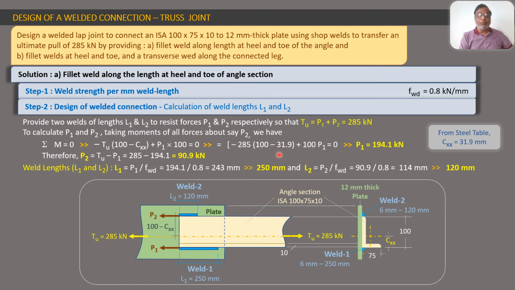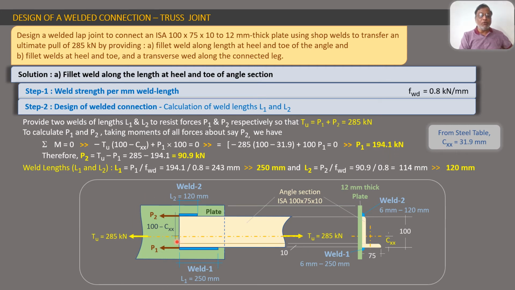You put this here, and like this you get the equation, and solving it you get P1 equal to 194.1 kilonewton. Looking back at this problem, to resist this 285, P1 should be equal to 194.1.